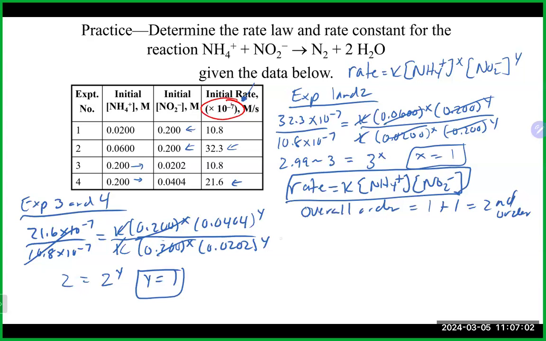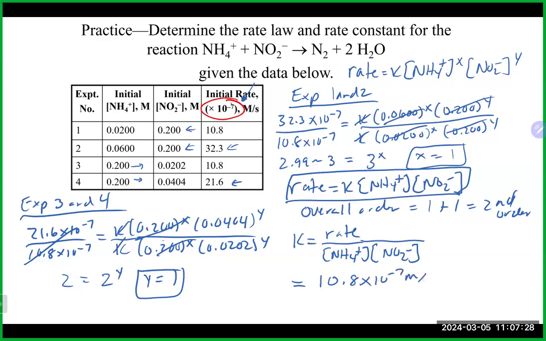Now that we have that, we can solve for our K. We'll rearrange. The rate will equal K times our NH4 plus and our NO2 minus. And this is the point where if you ignored the times 10 to the minus 7 part, this is where your number is going to be off, right? Because you don't have that. So we want to make sure we don't ignore any of that information in those titles. I'm going to go with the very first one to put in there. So 10.8 times 10 to the minus 7 molar per second divided by 0.02 molar and 0.2 molar in this case.